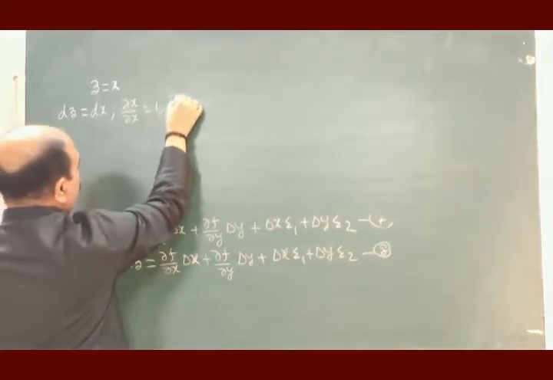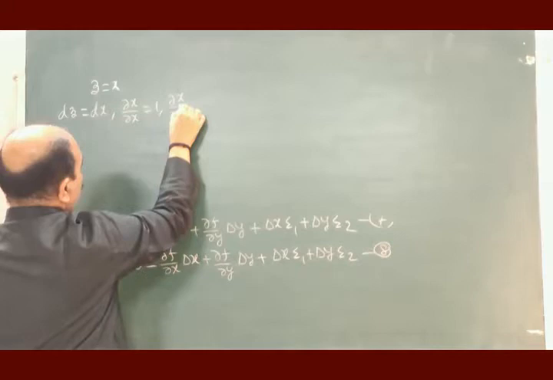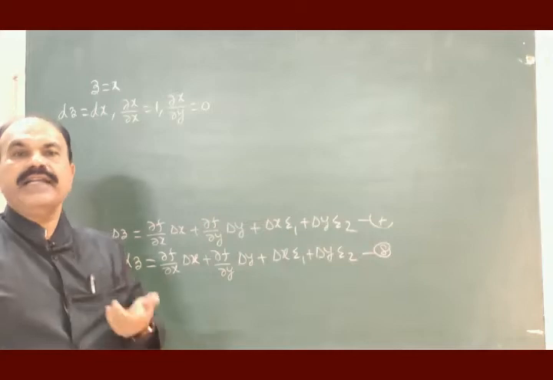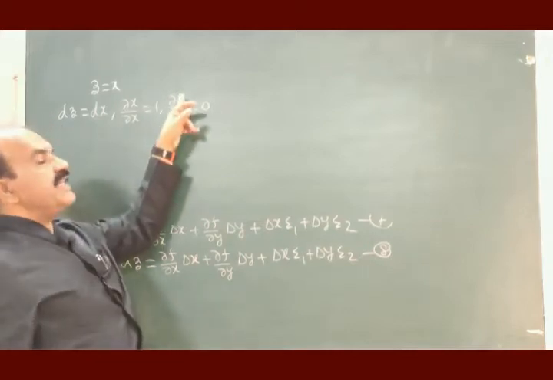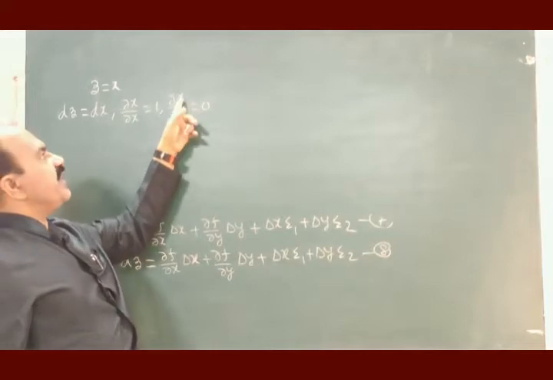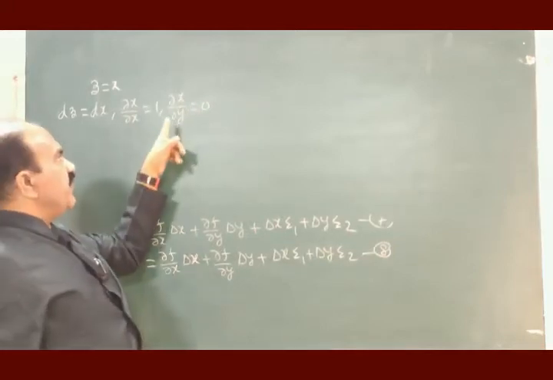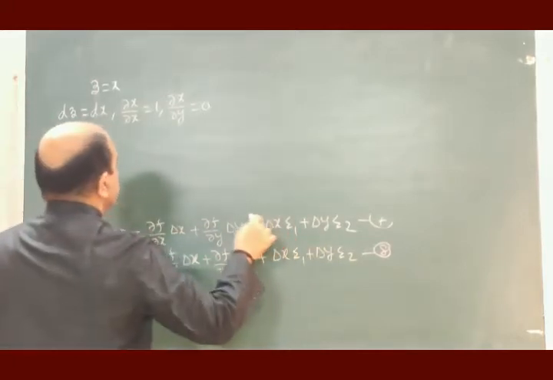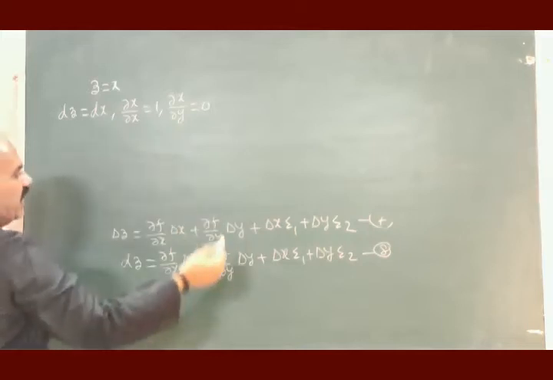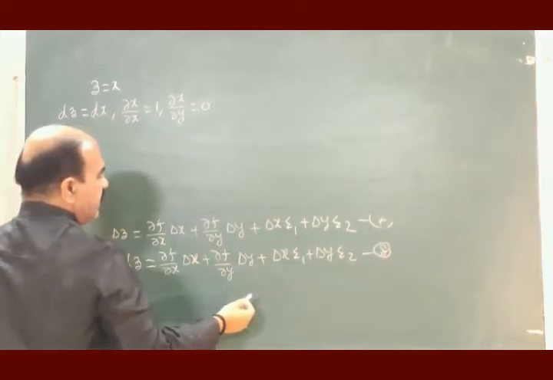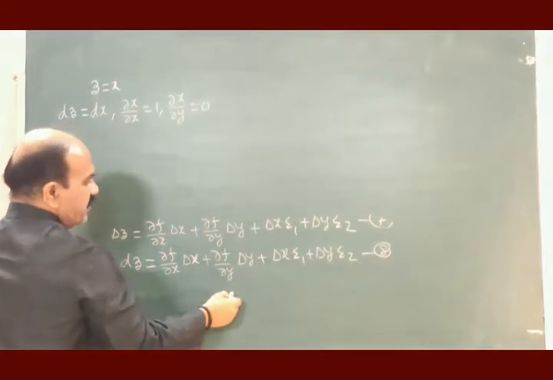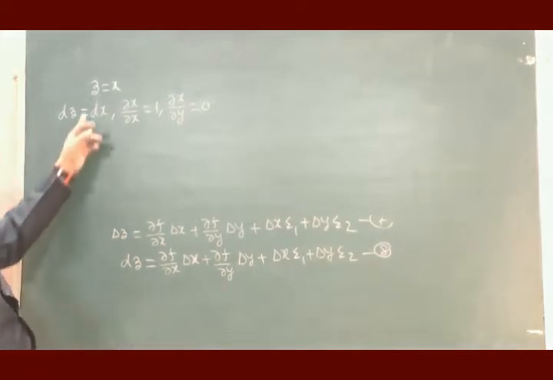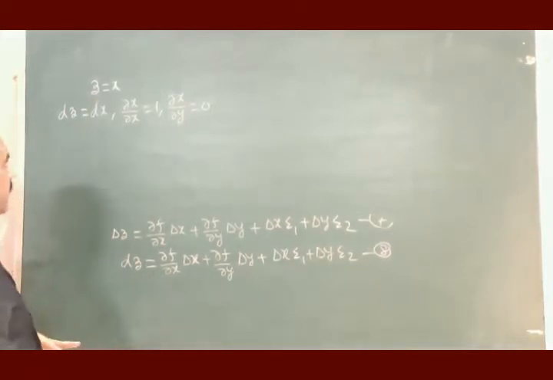This will become dou x by dou y is equal to 0. This is because x and y are independent variables. y is independent of x, and therefore we cannot differentiate x with respect to y. So dou x by dou y here will become 0, and the rest of the thing will be the same. And as delta x, delta y tend to 0, this will become 0, this will become 0, and here we simply get dz is equal to dx when we put z is equal to x.